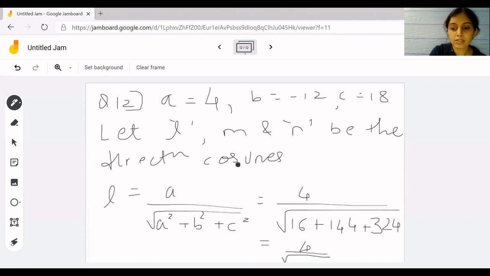Let's add that, which is 584, so 4 upon 22, which is 2 upon 11. So L is equal to 2 upon 11.